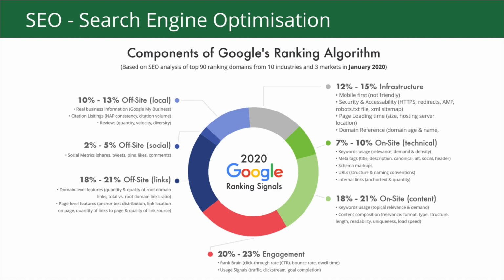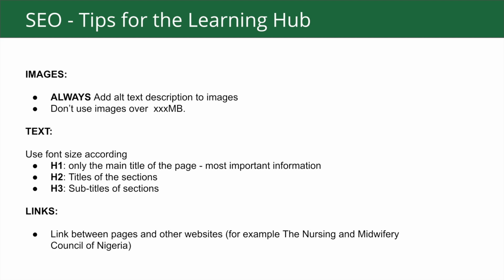And then there are more technical things, like when I talk about the index. Google likes websites that are well organized and follow simple rules. So here are the most important rules that you should follow on the Learning Hub, if you want your website to be indexed properly by Google, and to appear at the top of the search on Google.